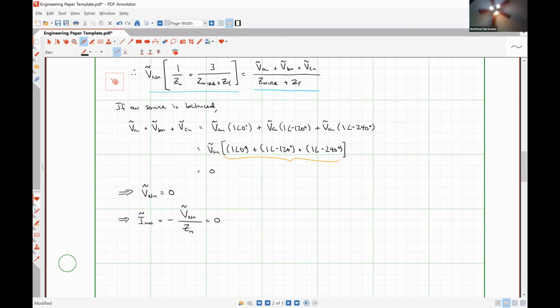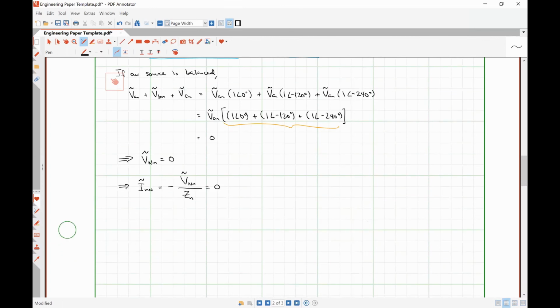So that means if the current flowing through there is 0, our neutral conductor is acting as both a short circuit and an open circuit at the same time. Now that may seem a little bit odd, but it is actually going to greatly simplify our future circuit analysis of YY circuits.